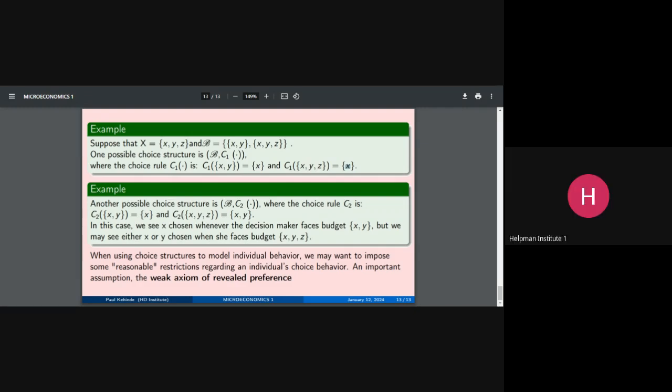Once I picked Y, I can never pick X from the set anymore. So Y is my preference.